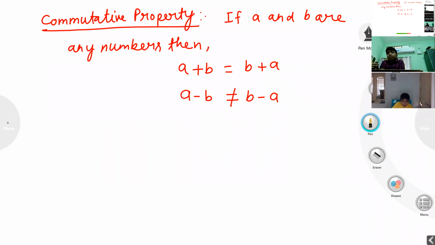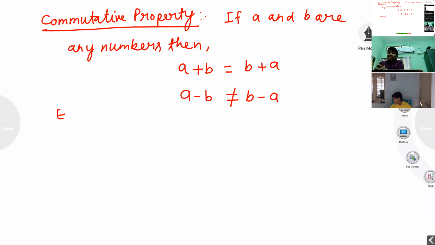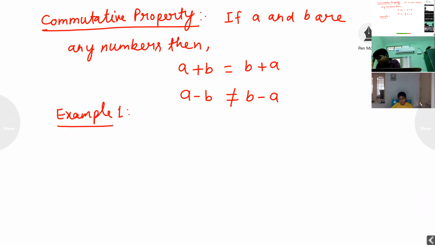Note down the example. First example, suppose I am writing, students, 3 plus 4 is equal to 4 plus 3.